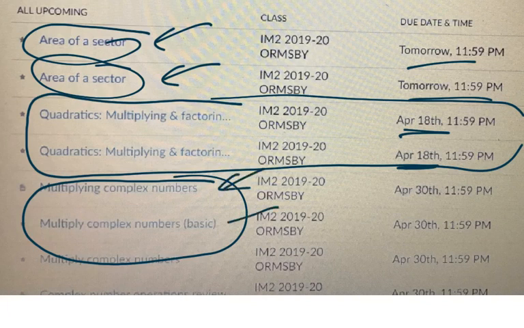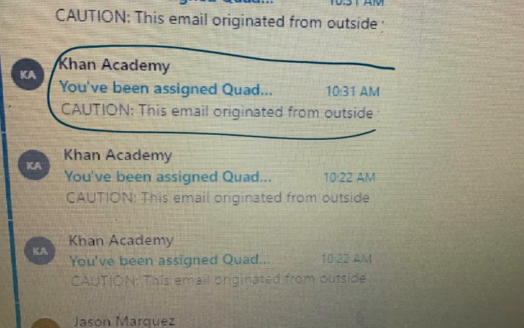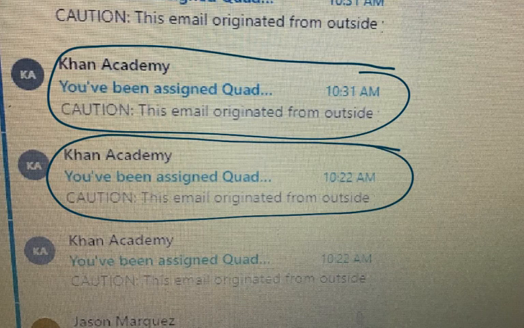Yesterday, I think I did the one on complex numbers, right? Again, make sure you can do those well. Okay? And the other thing I want to remind you is you have no excuses, because if you've signed in, it'll send you in your email. This is your email. It'll send you notifications that, hey, you just got another assignment.